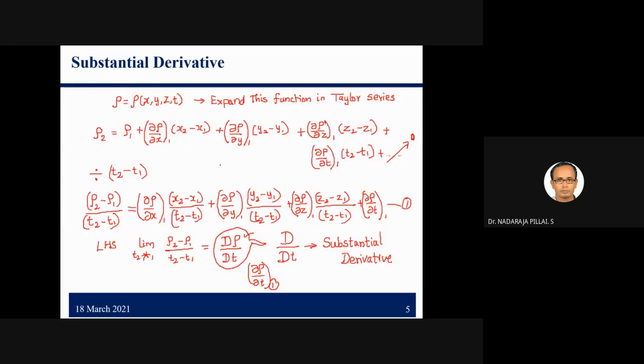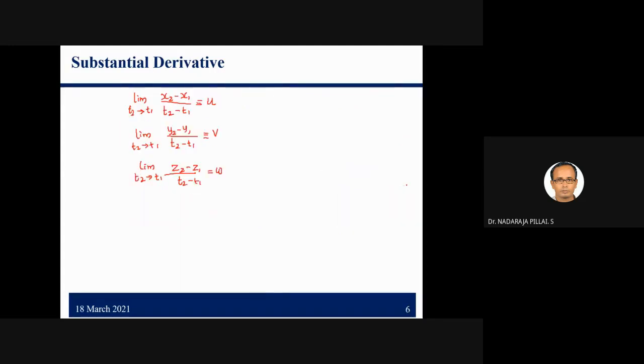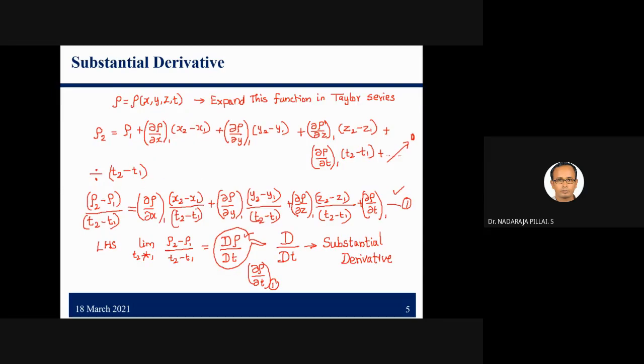So this equation 1, now I will write this equation. How can I write this equation? The left-hand side of the equation is already the substantial term D rho by Dt, that is equal to, what is this? This is u term, v term and w term.